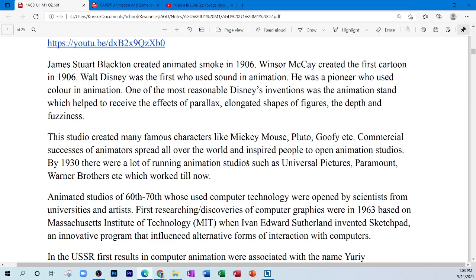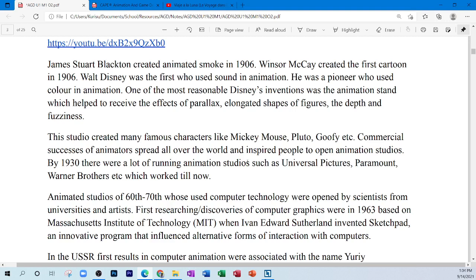Commercial successes of animators spread all over the world and inspired people to open animation studios. By 1930, there were a lot of running animation studios such as Universal Pictures, Paramount, Warner Brothers, etc., which work till now. Animation studios of the 60s to 70s, which used computer technology, were opened by scientists from universities and artists.